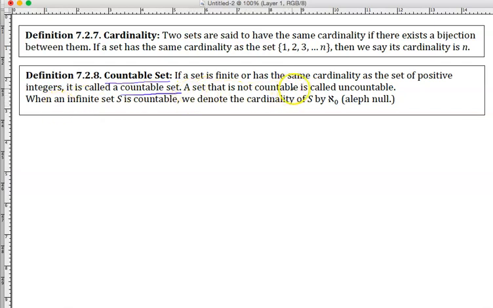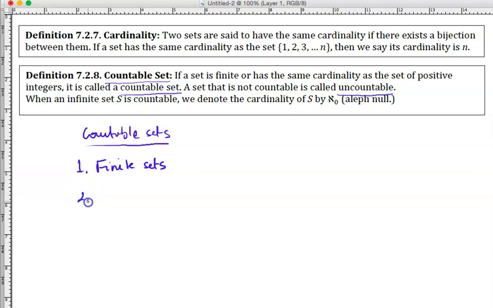A set that's not countable is called uncountable. So we have this division between countable and uncountable sets. Okay, so we have countable sets as one category, and finite sets are countable.